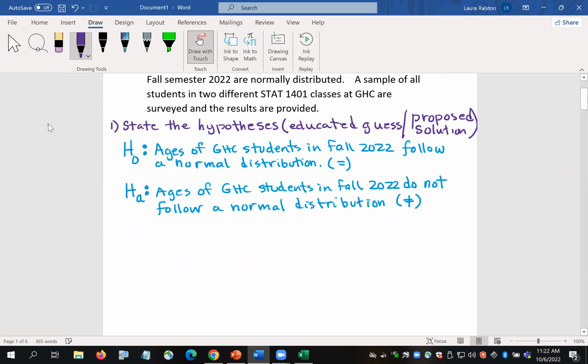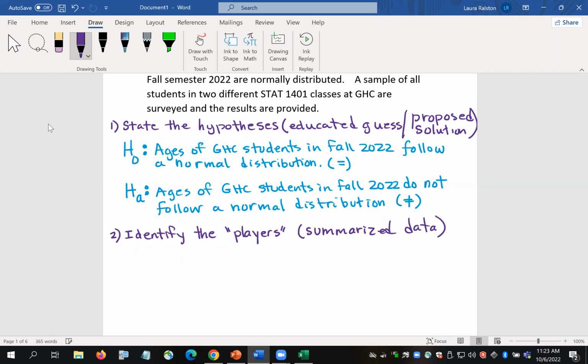Step 2 in the process, if you'll recall, is to identify, I kind of call it the players. You have to identify your summarized data or the information that's given in the problem.